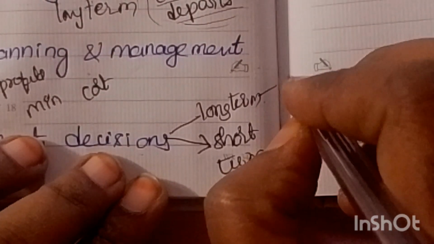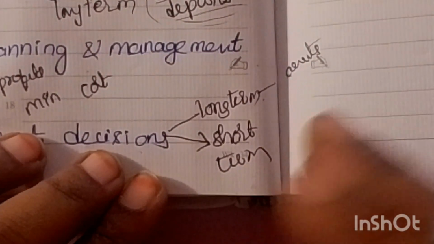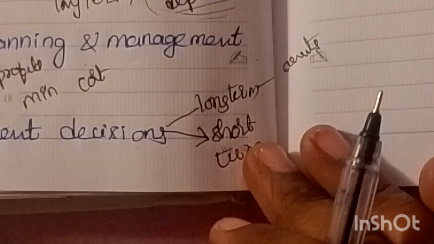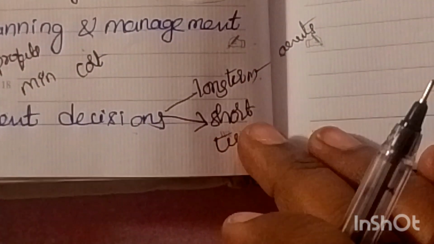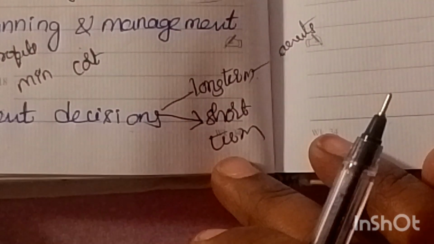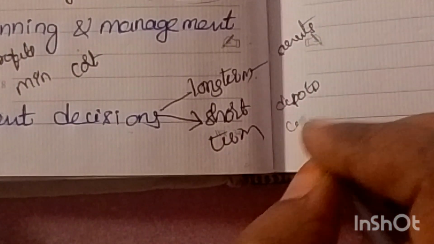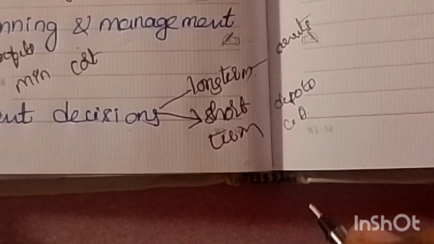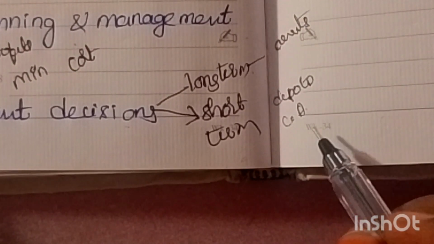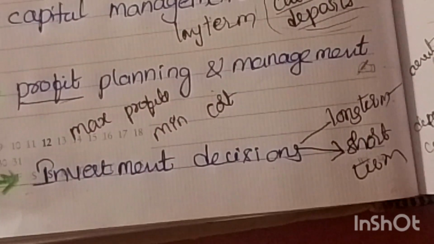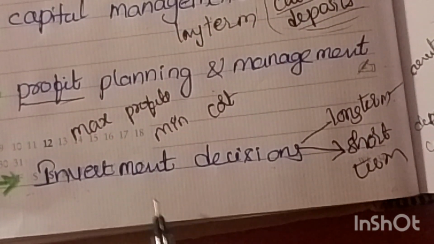Assets means maybe lands, buildings, machines. So these are long term assets. And what are the short term assets? Like deposits in bank, cash at hand. These are the short term investments. By taking proper decisions, we will get a good result. So these are the investment decisions.